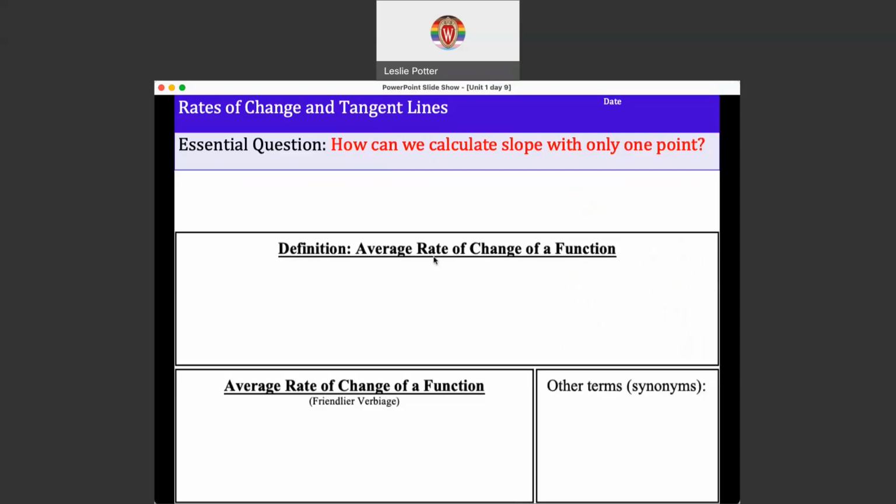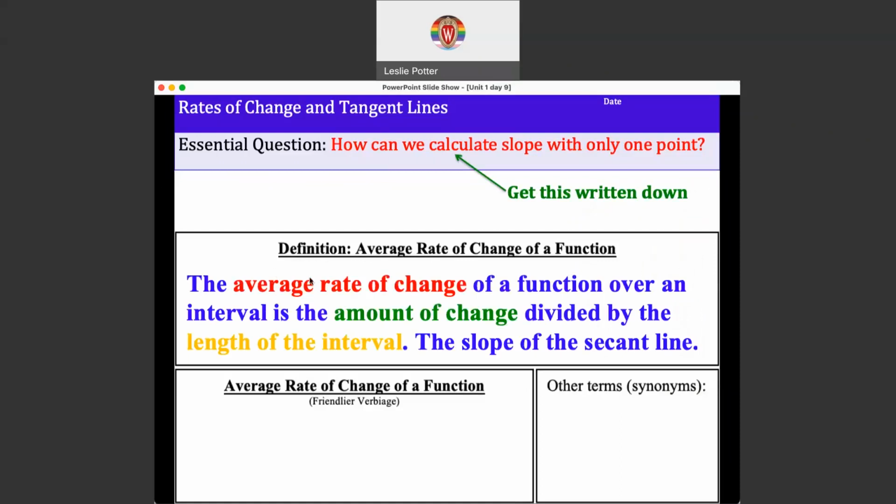First rate of change we're going to talk about is something called the average rate of change. The average rate of change of a function over an interval is the amount of change divided by the length of the interval. Remember, intervals are domains, and those are x coordinates.